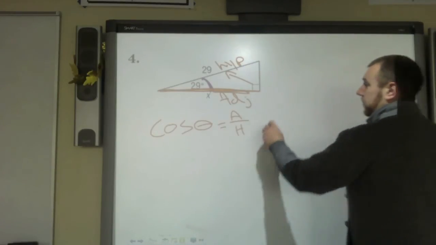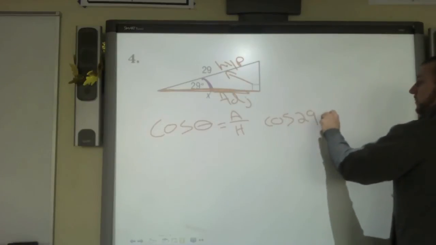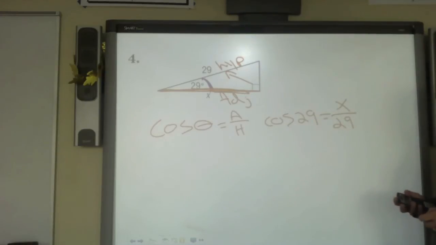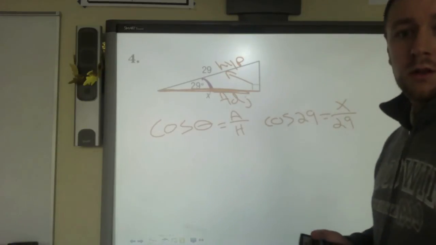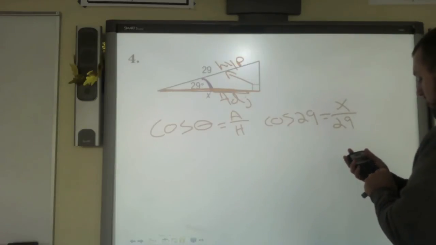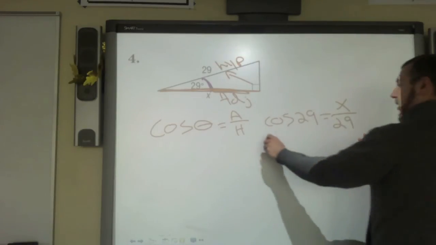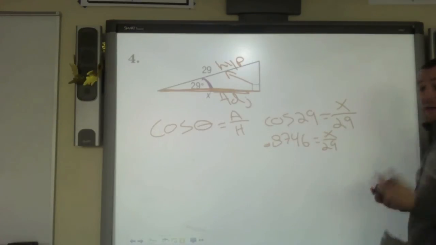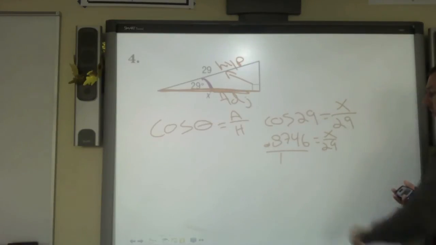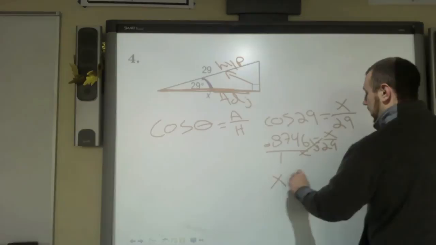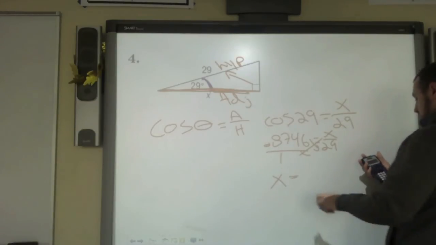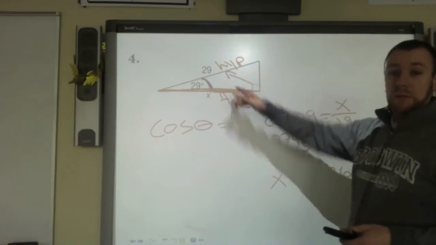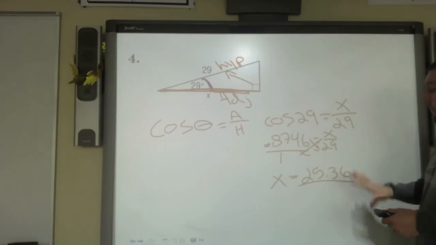The cosine of 29 equals my adjacent side over my hypotenuse. So the cosine of 29 is 0.8746 equals x over 29. Now, put that over 1, cross multiply, x equals 25.36, which makes sense because the hypotenuse has to be bigger than the adjacent side, so I'm good.